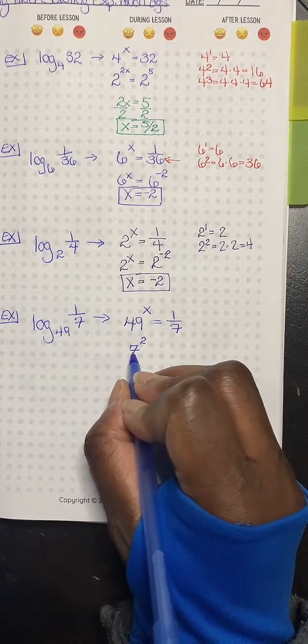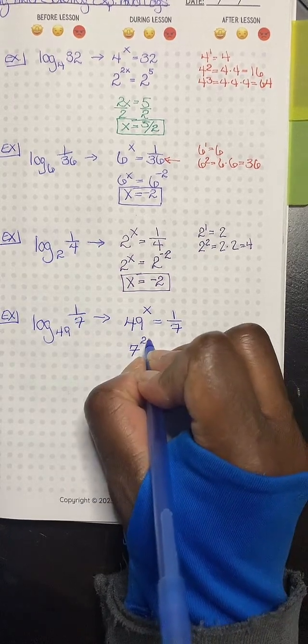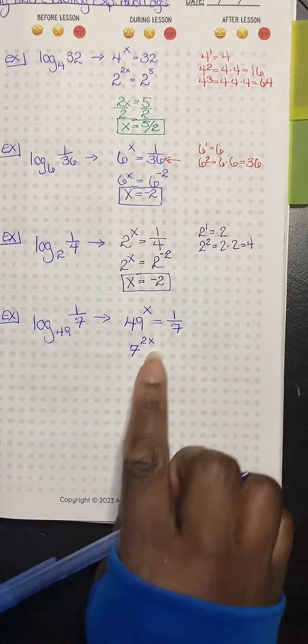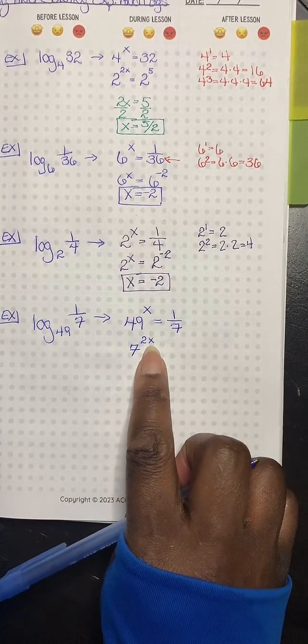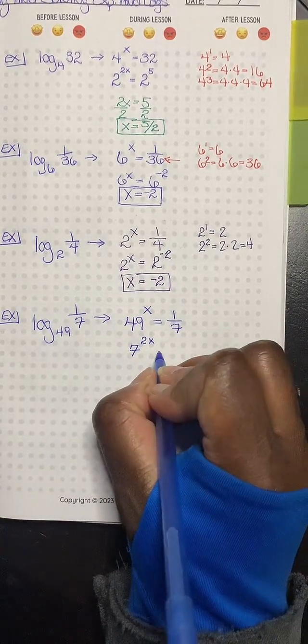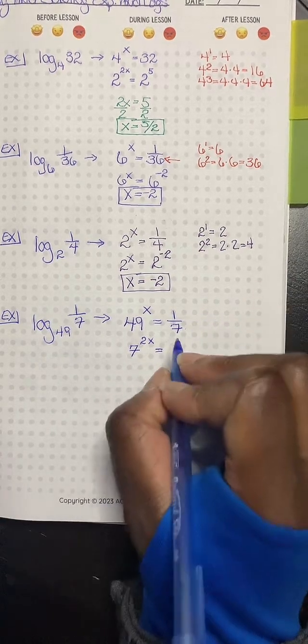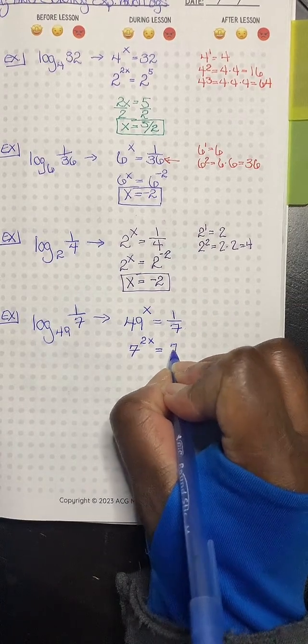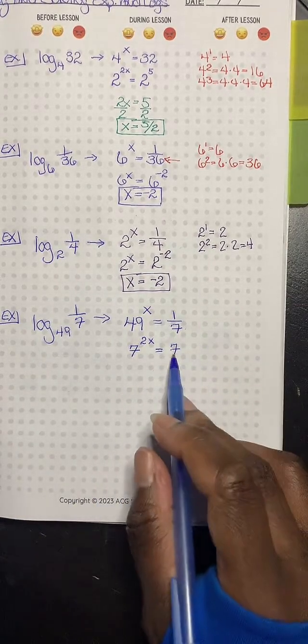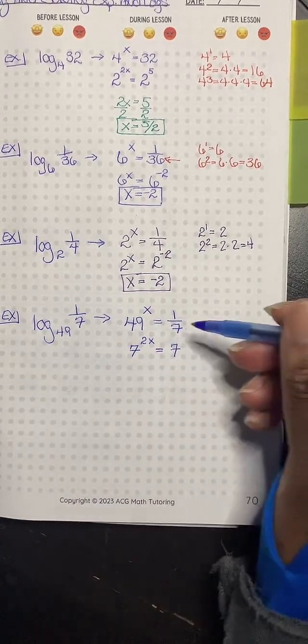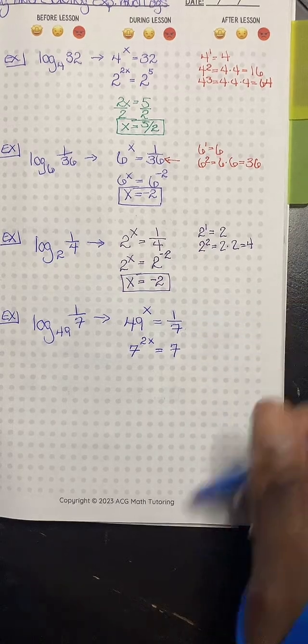Okay, so 7 squared. Okay, so that exponent of x is still there. Now, this 1/7, this also has a base of 7. 7 to the what power will give me 1/7?